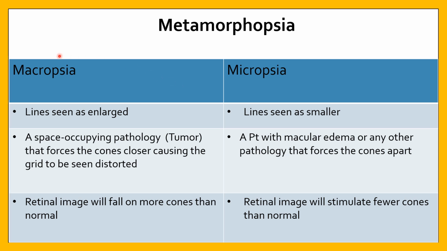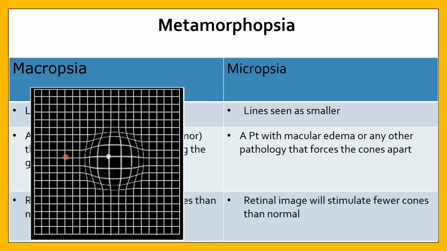In macropsia, lines are seen as enlarged, and a space occupying pathology that may be a tumor forces the cones closer, causing the grid to be seen distorted, and the retinal image will fall on more cones than that of the normal one.